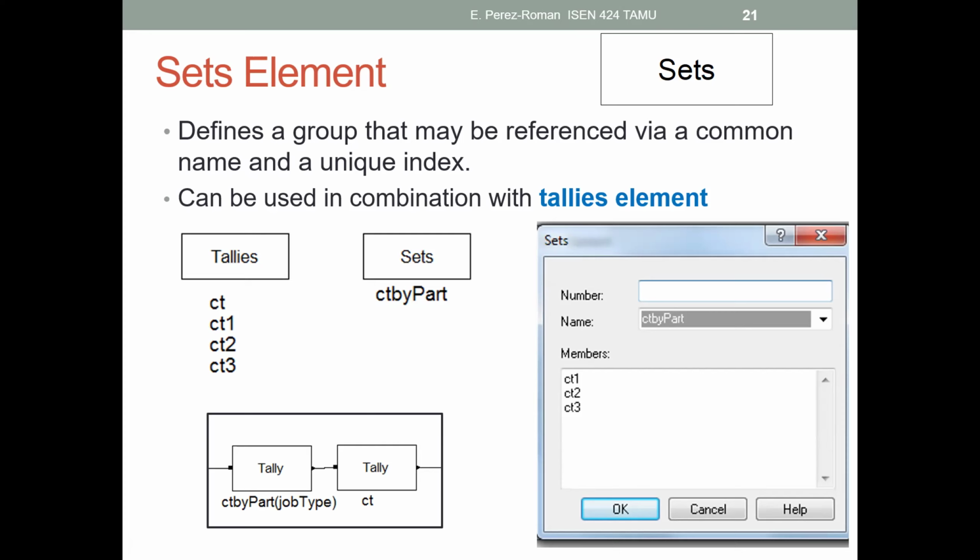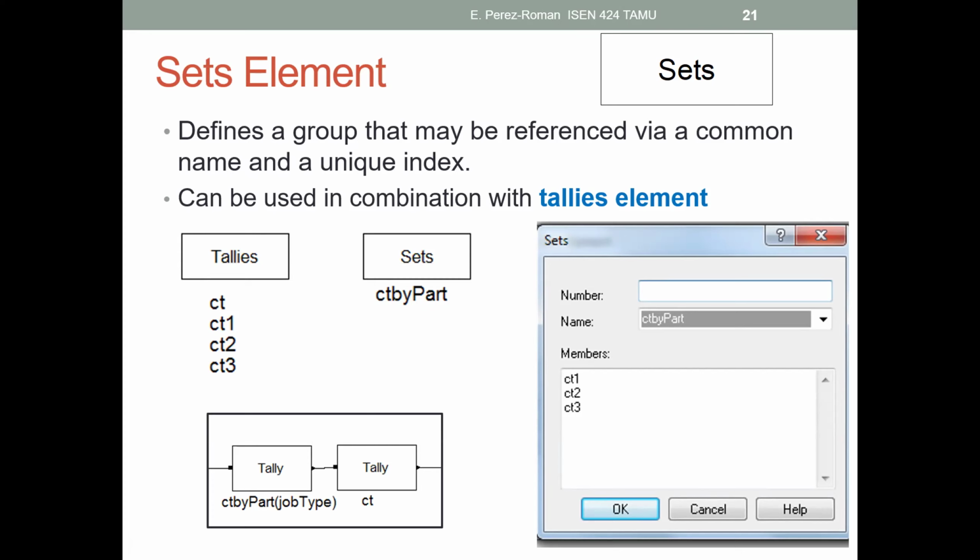Another thing that we'll be using today is this element called sets. And this is to help us split some of the information that we're collecting from the tallies. So again, this can be done two different ways. You can use a branch to separate the part types.